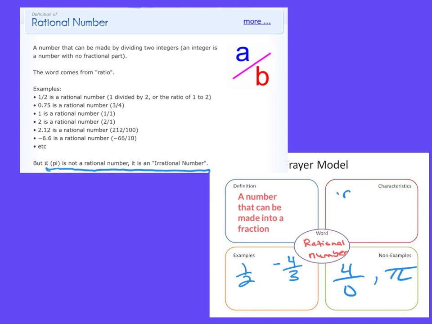Characteristics: can make a fraction. Another one I'm going to say: can be positive or negative. All right, and if you want to add a characteristic, feel free. So please go ahead and do your own examples. Take a picture or a screenshot of your slide and add it to your vocab keynote.